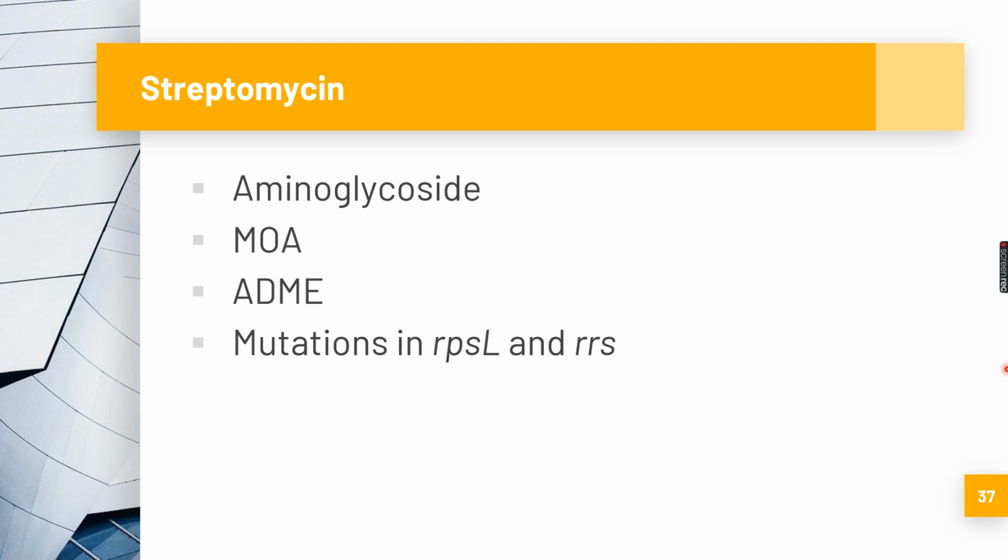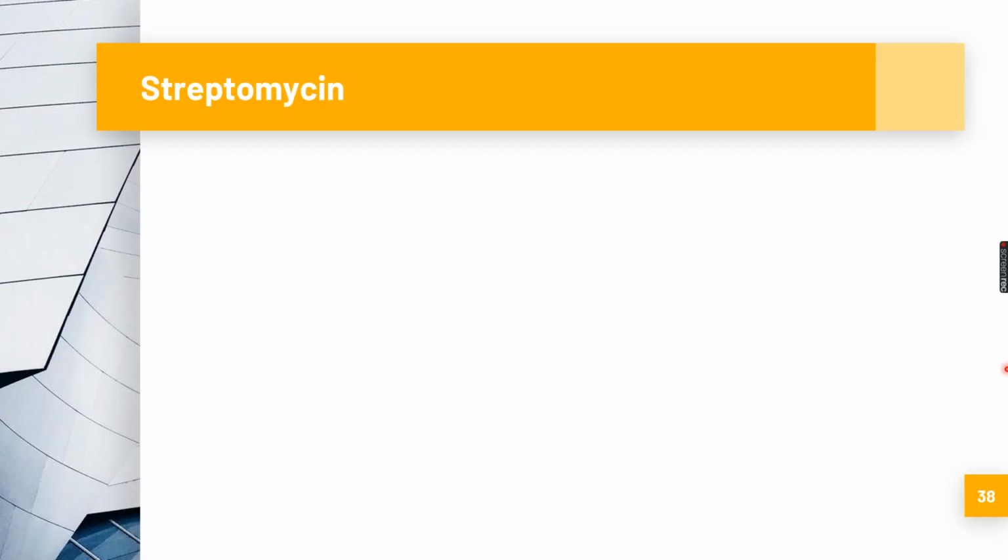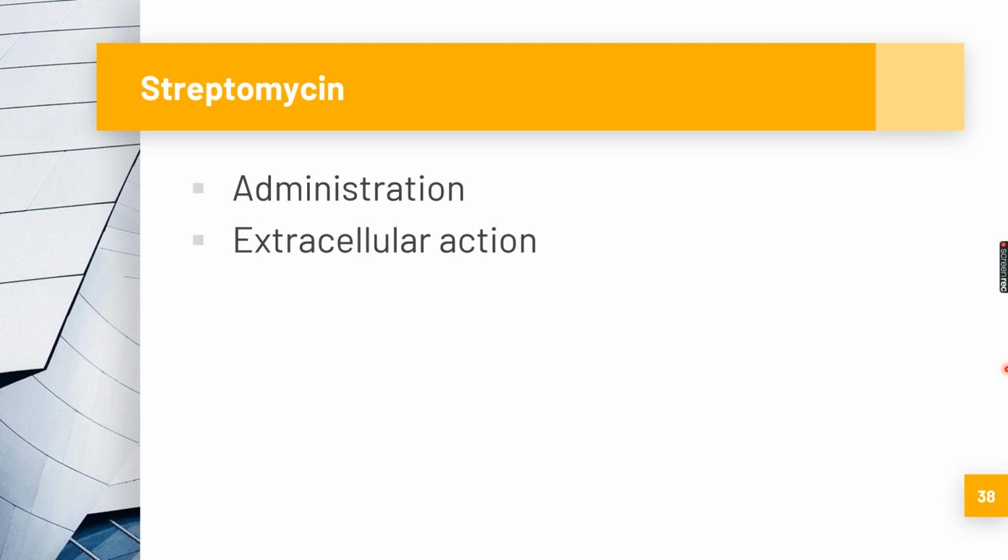And mutation in the rpsL and rrs genes will lead to the development of resistance to streptomycin. Because it's an aminoglycoside, it cannot be administered orally, so it has to be injected, and it will act only on extracellular mycobacteria. It cannot enter the macrophages, but it penetrates the CSF very well.